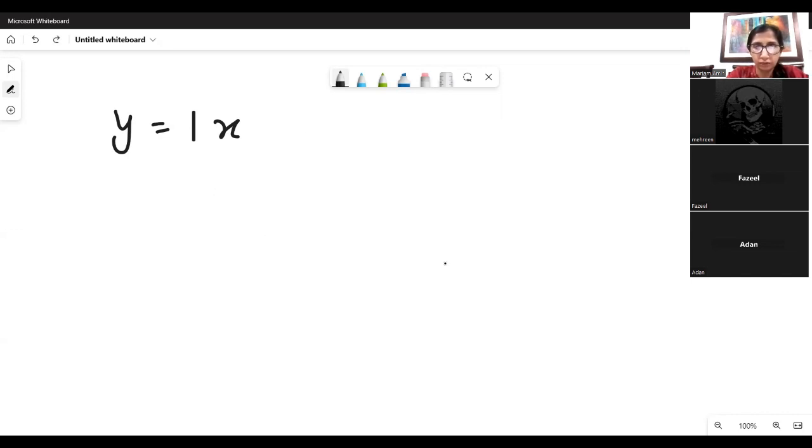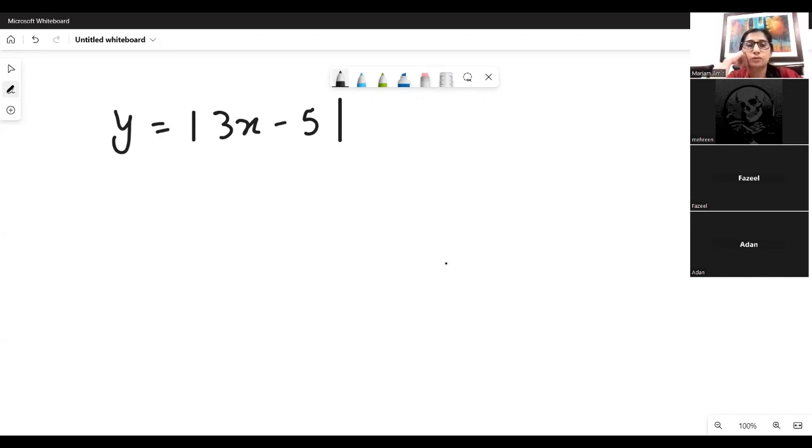If the graph is y equals 3x minus 5 and you have to sketch the modulus of that, who can tell me what's going to be the turning point of this graph? It's definitely going to be a V-shaped graph because of the modulus sign.